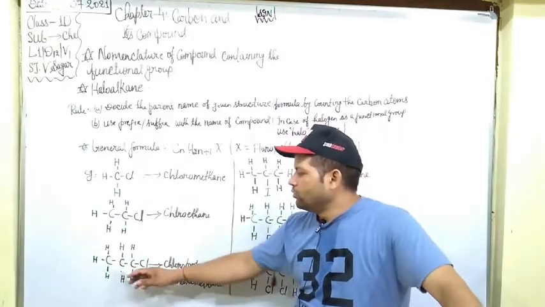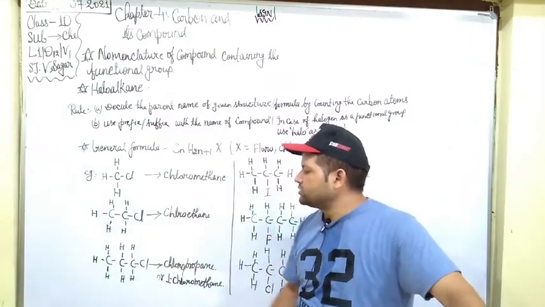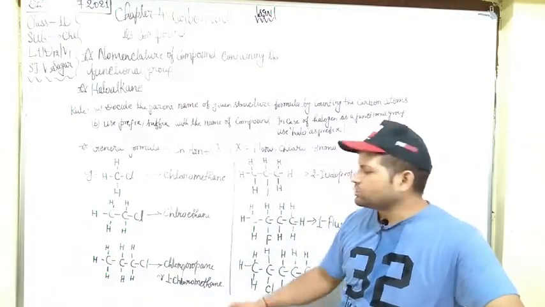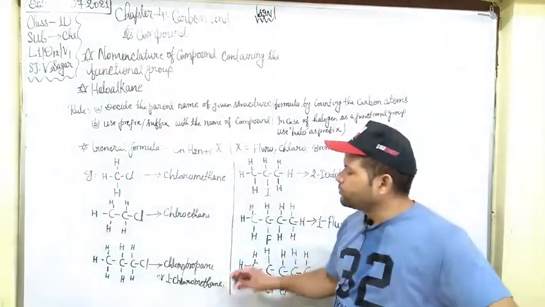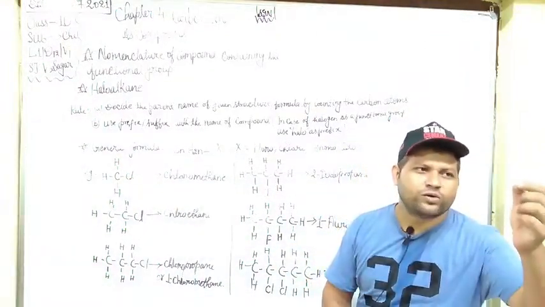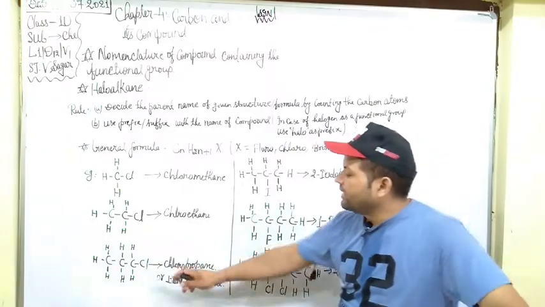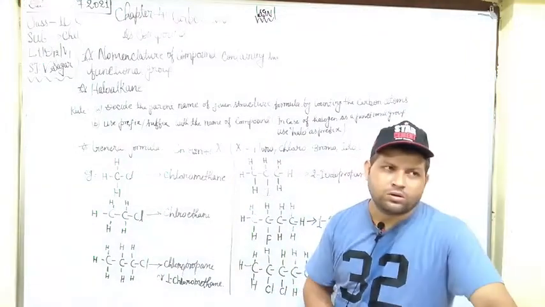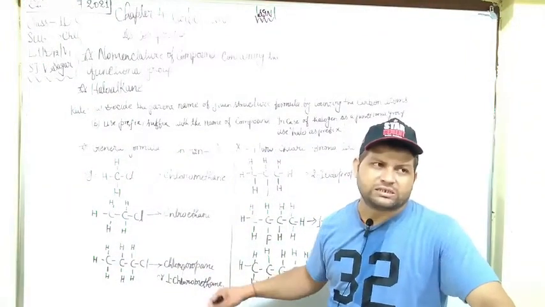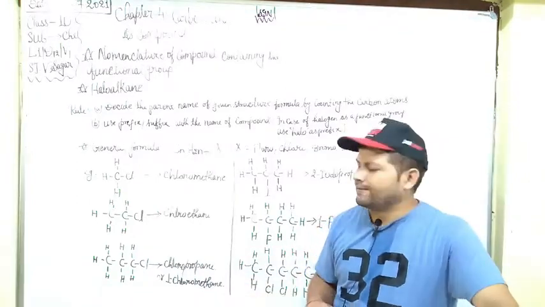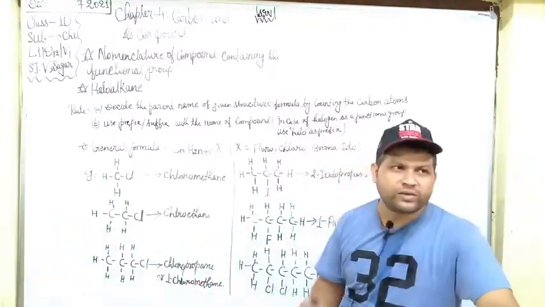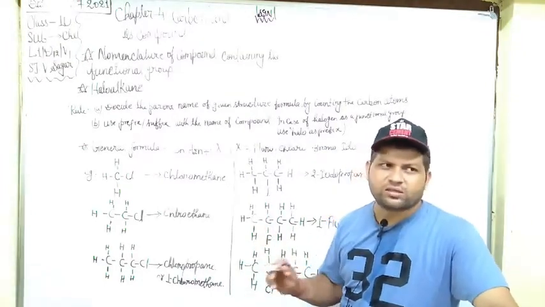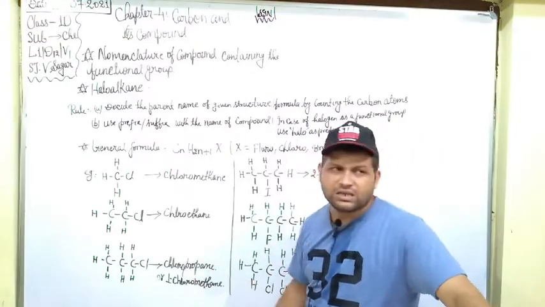Now look here, there are 3 carbon atoms and 1 chlorine atom. That's why its name will be chloropropane. Now one thing you have to note in this case: the chlorine may be placed here also, and then its name may change. For this purpose, we have to write its position along with the name of the functional group.